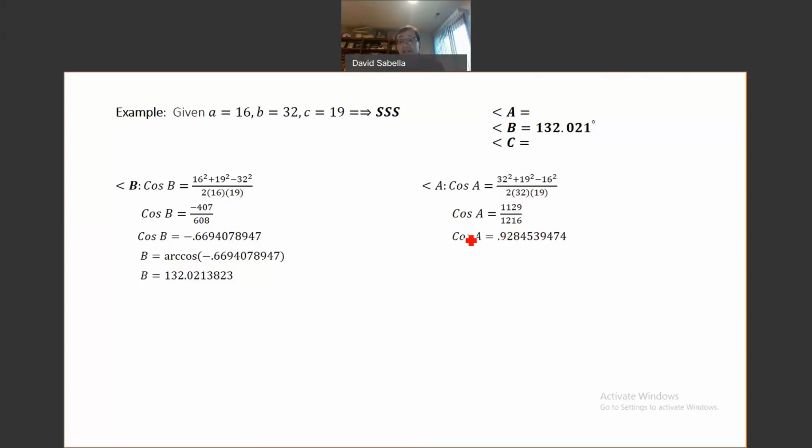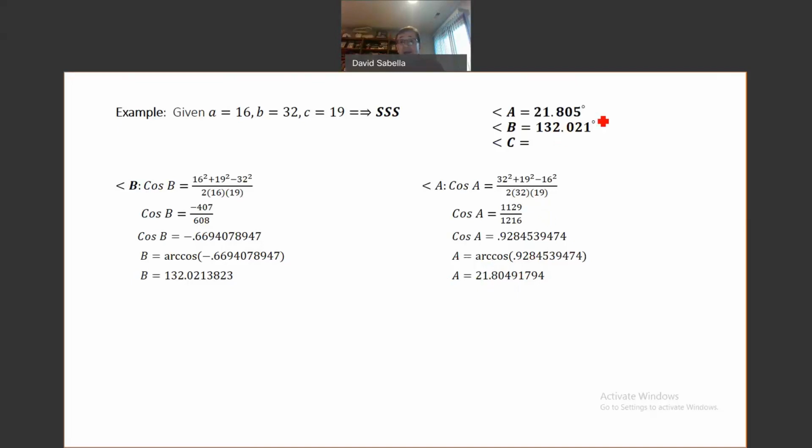And again, as a decimal, I have the cosine of A equals that decimal, which means in order to evaluate it, I have to use the inverse trig function. So angle A equals the arc cosine of the 0.928 number. And plugging that into my calculator in degree mode, I get angle A as a measure of 21.804917994 unrounded.